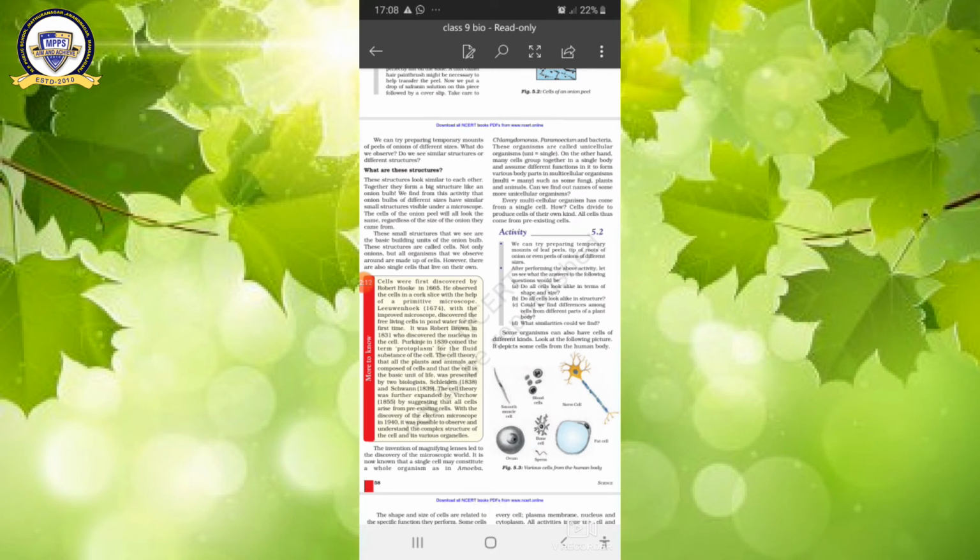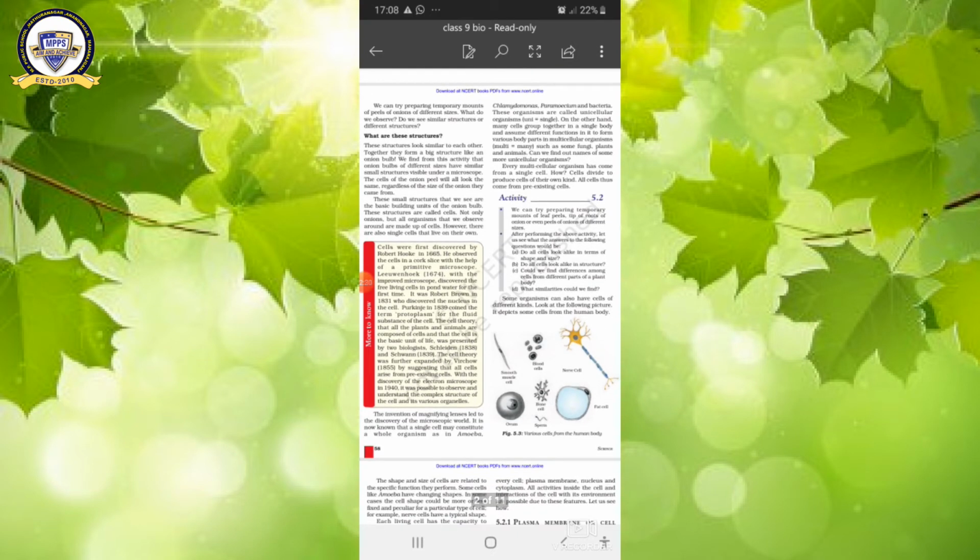Every multicellular organism has come from a single cell. How? Because cells divide to produce cells of their own kind. All cells thus come from pre-existing cells.